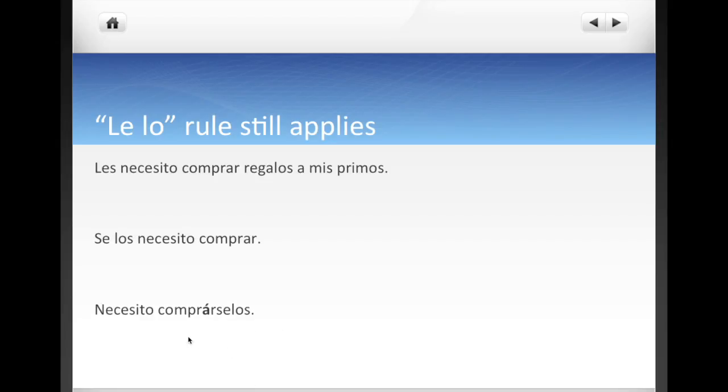But I can also attach them to the infinitive comprar. Necesito comprárselos. And again, you'll notice that I have an accent over the ar in comprar in order to maintain the original stress because I've added two new syllables.